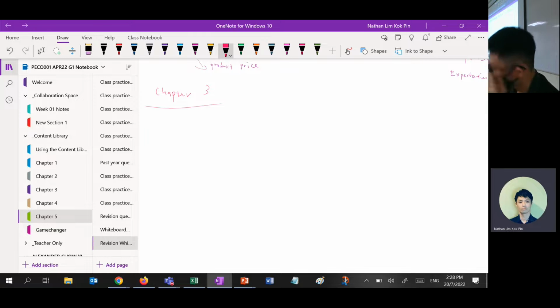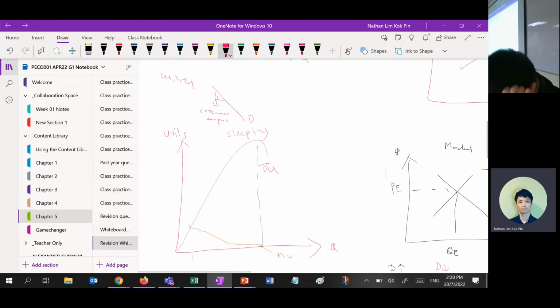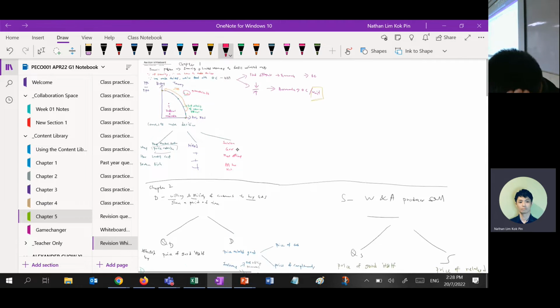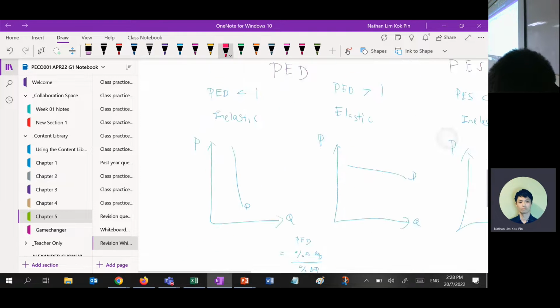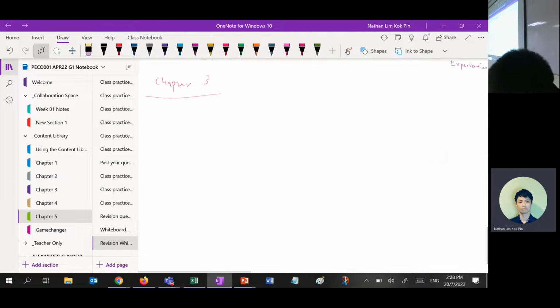Okay, chapter 3 is more towards the socialism of how government intervenes in the market, right? So there's the price floor, the price ceiling, right?